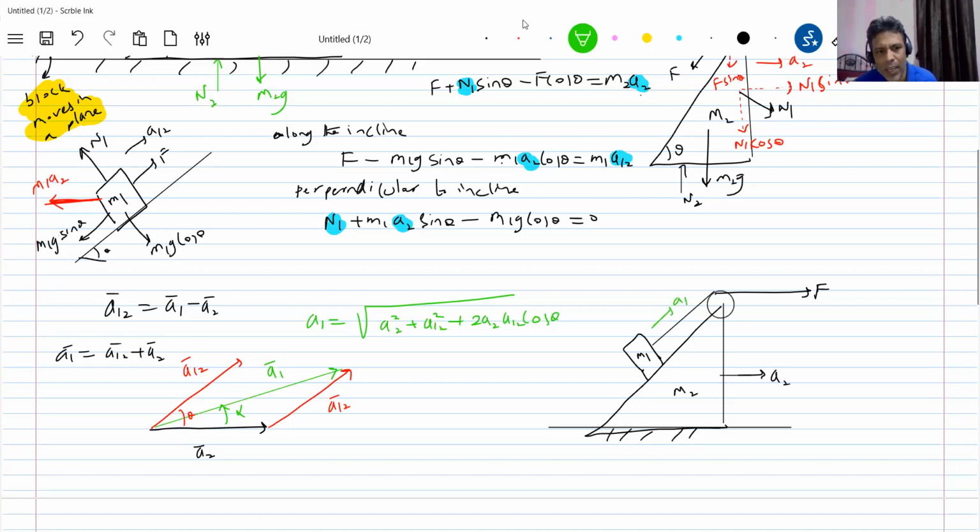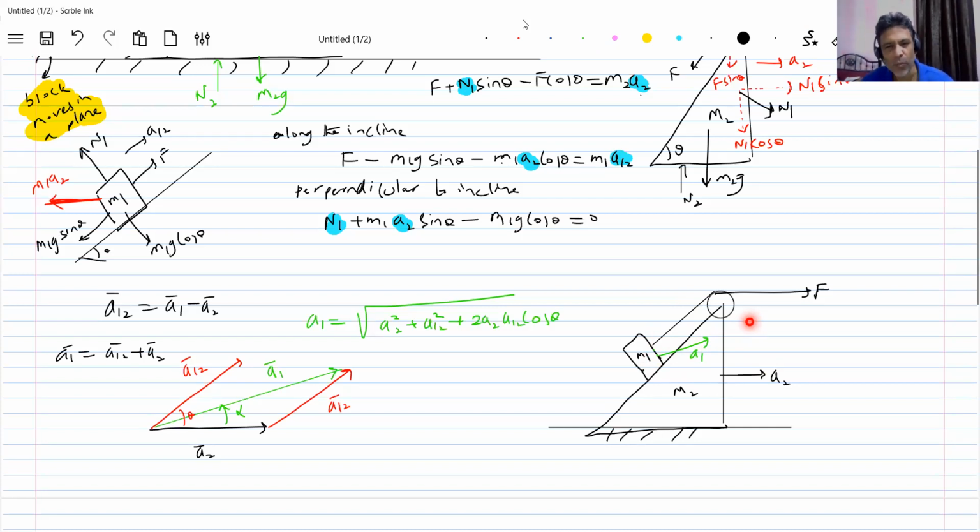Look at the vector diagram. A12 is along the incline, and A1 makes an angle between A2 and A12, so the acceleration of the block will be somewhere like this. Are you getting the idea? The acceleration of the wedge is A2, the acceleration of the block along the incline is A12, and the acceleration of the block with respect to ground will be somewhere like this. There's the vector diagram. Got the idea?